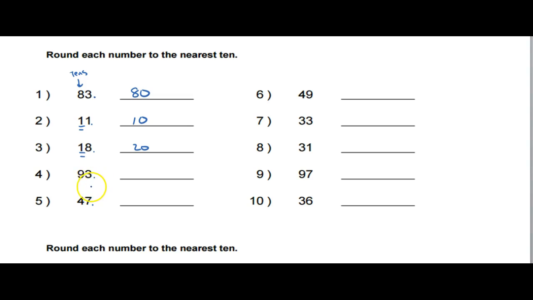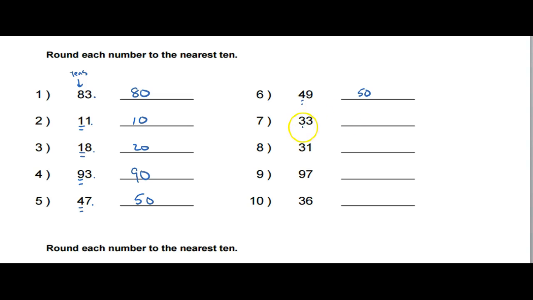The number to the right of 9 is 3. Therefore, I round down to 90. 47. The number to the right of 4 is 7, so it tells me to add 1 to it and turn the 7 to a 0. 49 rounds up, this one tells me to round up, and what does it round up to? 50.